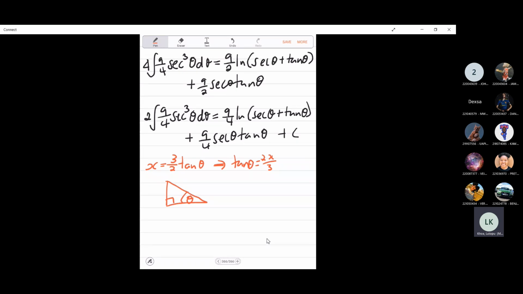And here we have 2x, we have 3, or we can have 3/2 here. And then this is the square root of x squared plus 9/4, just so that it looks like the way it was in the question. But either way, it doesn't matter.